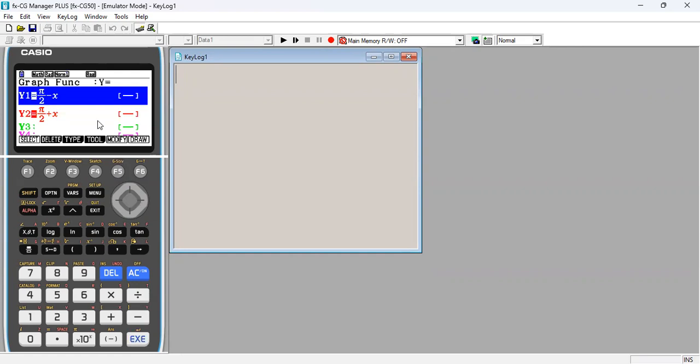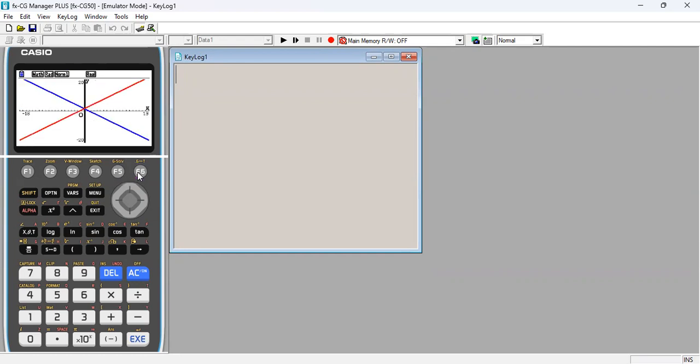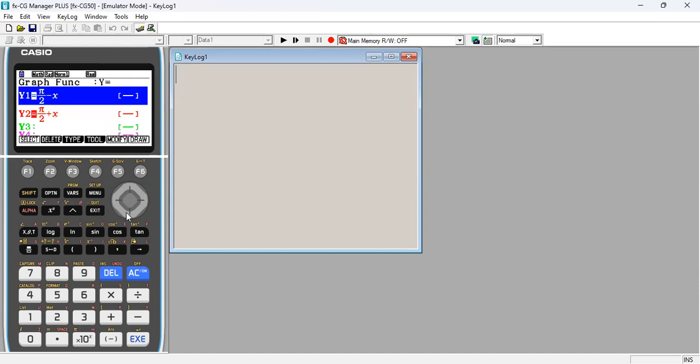Okay, so I have already typed the equation. First is pi by 2 minus x, second is pi by 2 plus x. So you can see this is right. If you have doubt, I will delete this first.